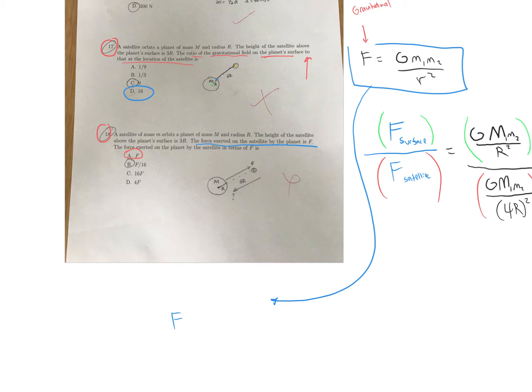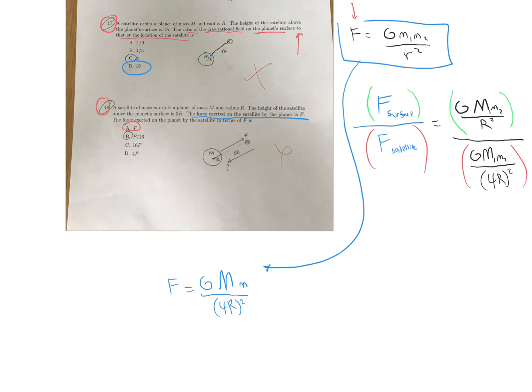F is the force exerted on the satellite by the planet, and that's going to be this, G, and then it's times big M. I'll call it M sub 1. We're going to call this little m, okay? Actually, we'll just call it what they told us to call it. It's going to be big M and little m, all right, because they literally told us to call it that. So we have big M, little m, and then it's going to be all over the distance between them. And the distance between them is most definitely 4r squared.